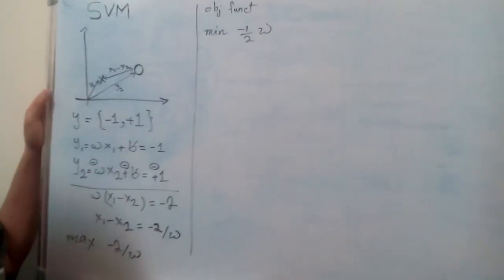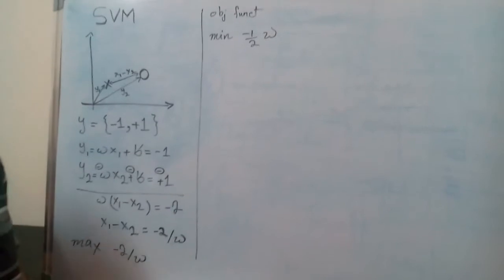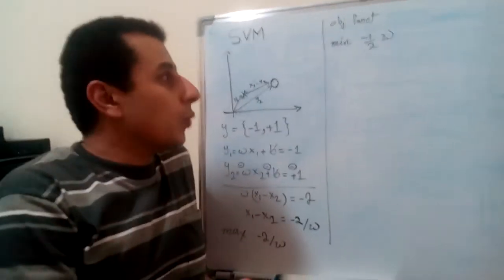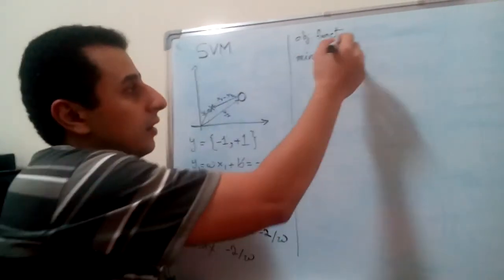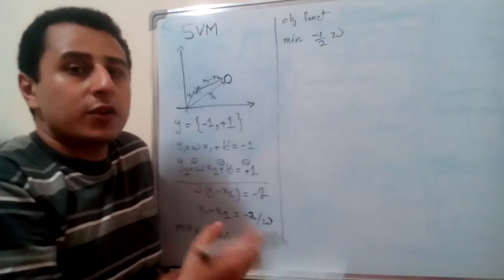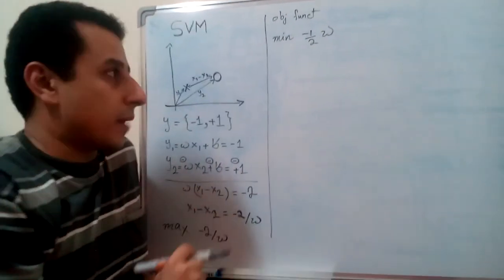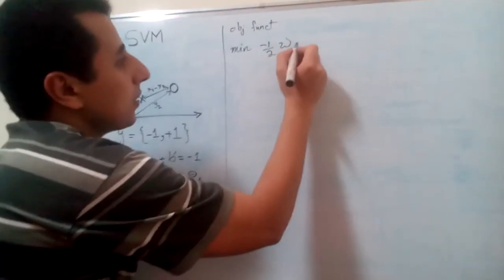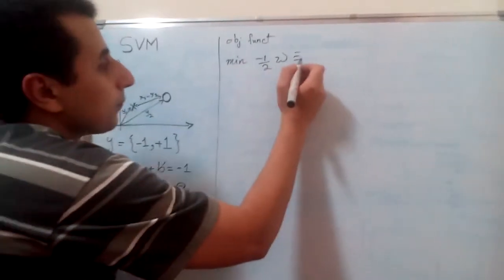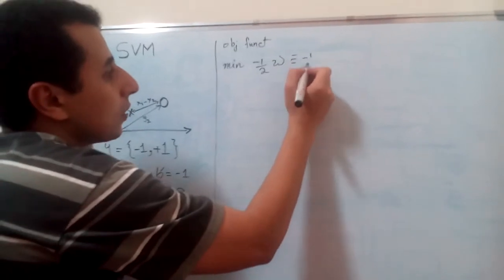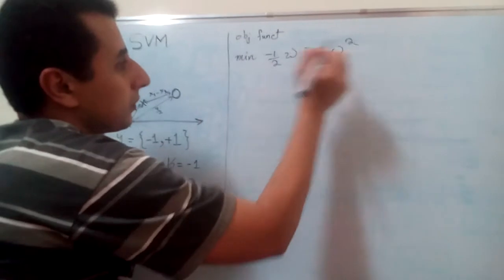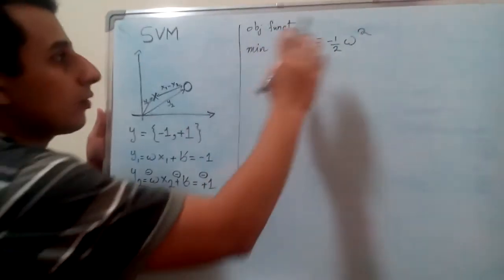For convenience and to make this a form that we are familiar with and can solve using linear algebra, we will apply a square over omega so that it's close to the form of quadratic programming. So this equation becomes minimize, which is equivalent to, minus 1 over 2 omega squared. So this is our objective function.